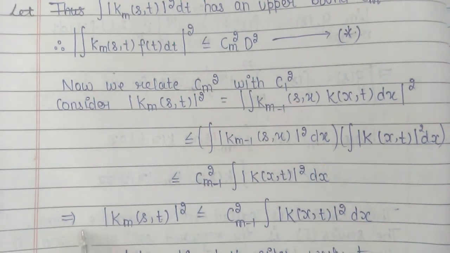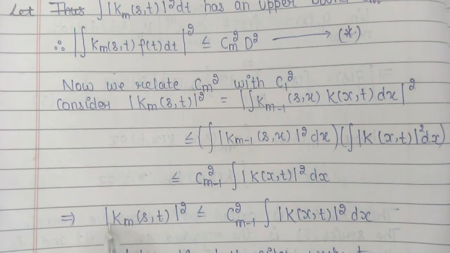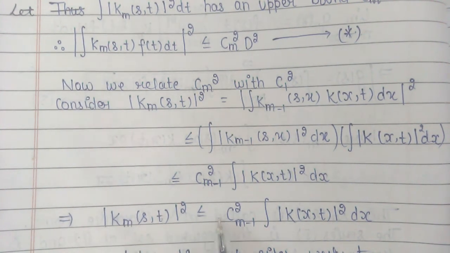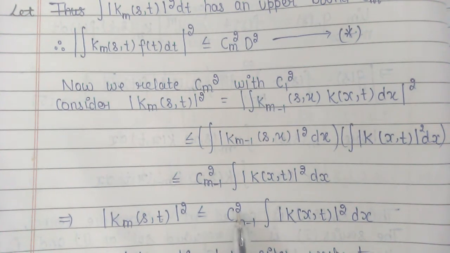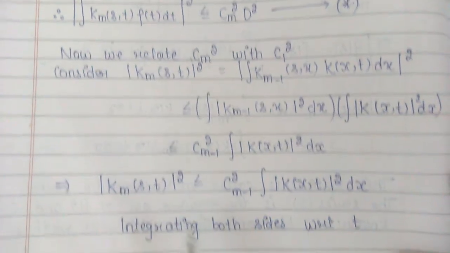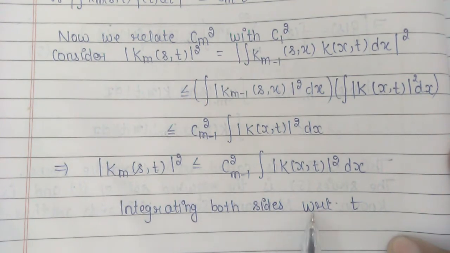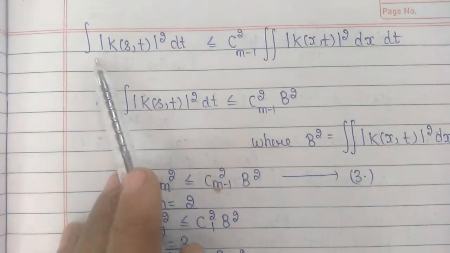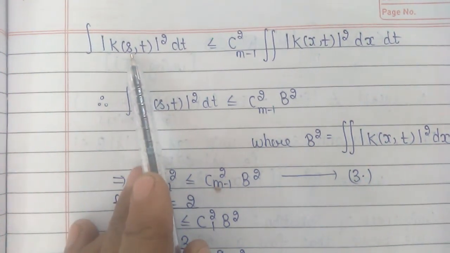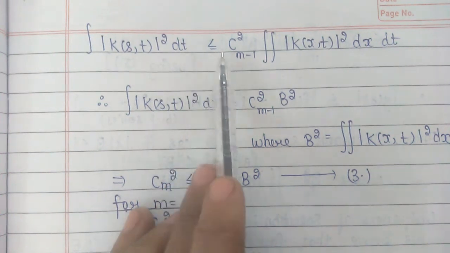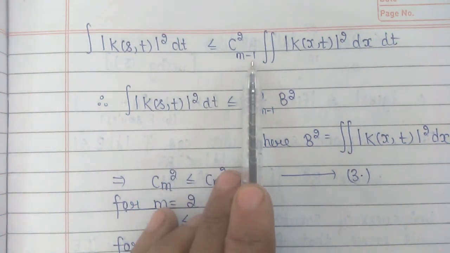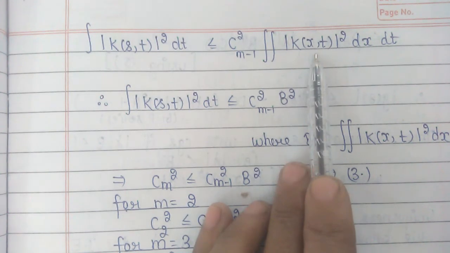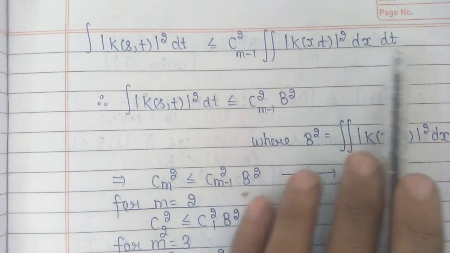Now we have obtained that the square of the mod of the mth iterated kernel is less than or equal to c_{m-1}^2 times the integral of |K(x,t)|^2. Now let us integrate both sides with respect to t. Integrating both sides with respect to t, we get the integral of |K_m(s,t)|^2 dt is less than or equal to c_{m-1}^2 and the double integral of |K(x,t)|^2 dx dt.